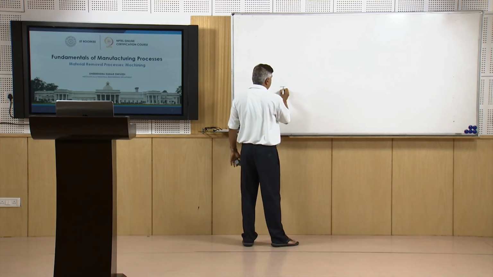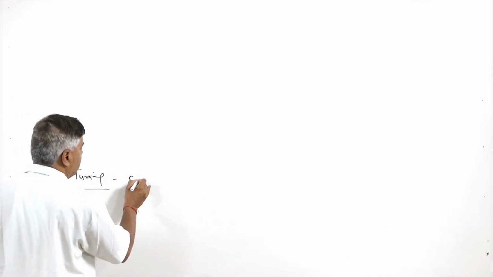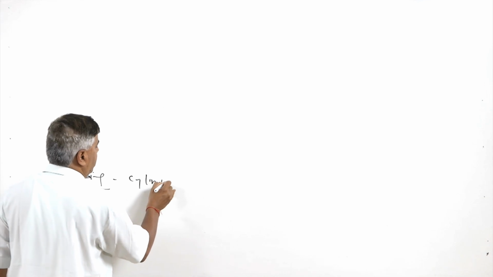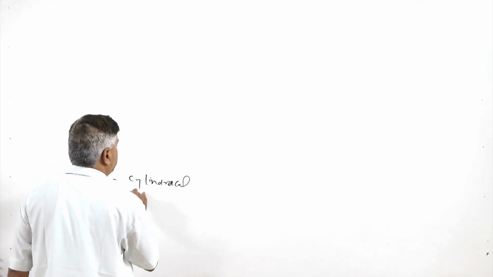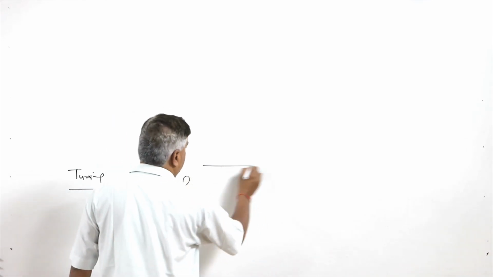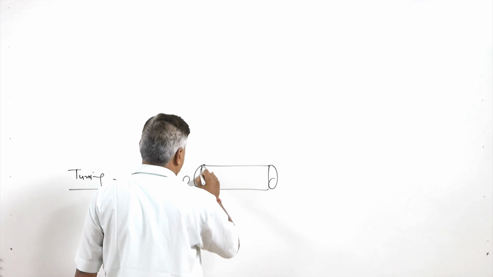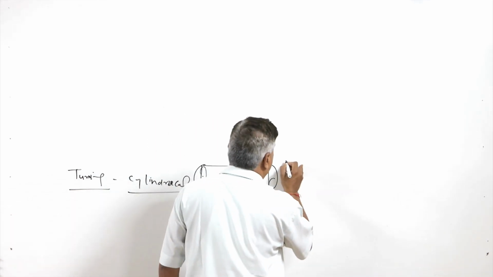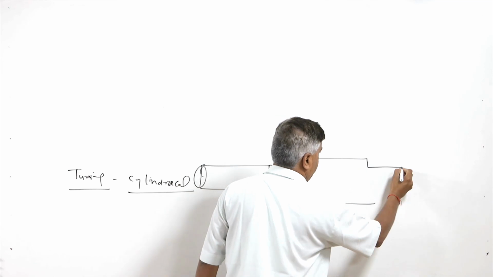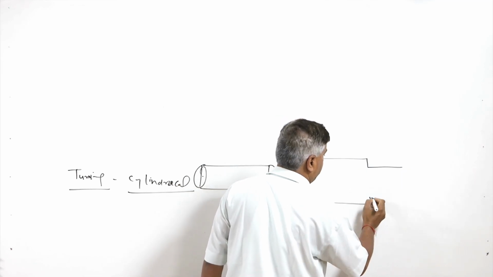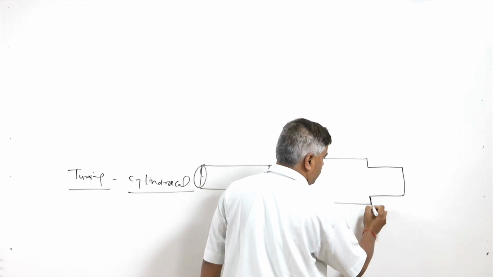For example, the turning process is known for producing cylindrical shape components. Cylindrical shape components like this will be produced. For this purpose, this is the portion where machining has been done, and this is our tool.